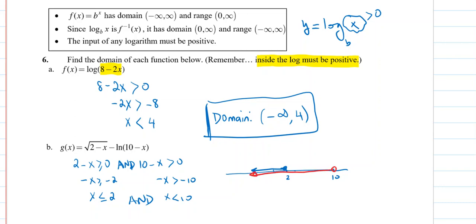The intersection is where you see both blue and red. So in this case, x has to be less than or equal to 2. So the domain of this function is negative infinity to 2.